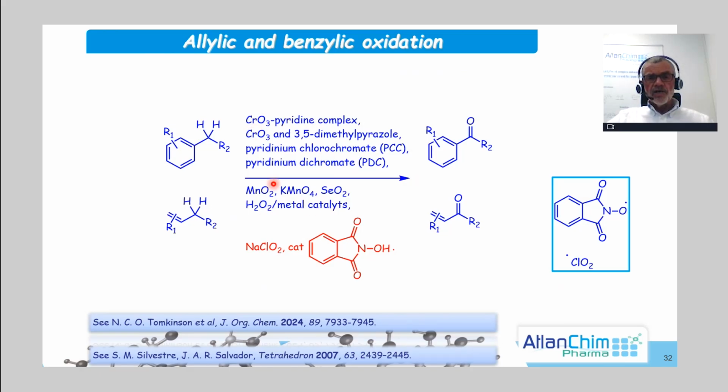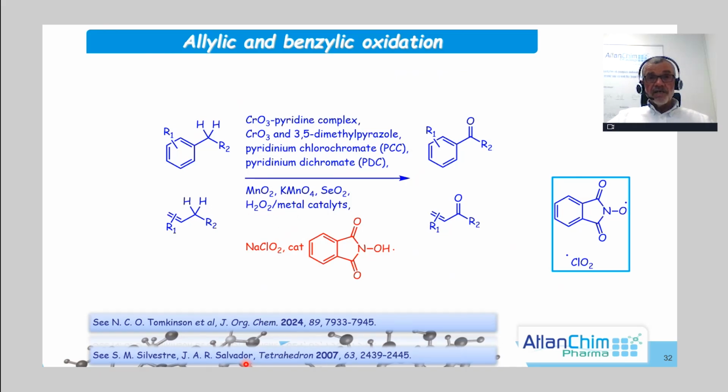Other classical stoichiometric oxidative processes involved the use of manganese dioxide, potassium permanganate, or selenium dioxide. A variety of catalytic methods for allylic and benzylic oxidations have been reported using hydrogen peroxide as oxidant.